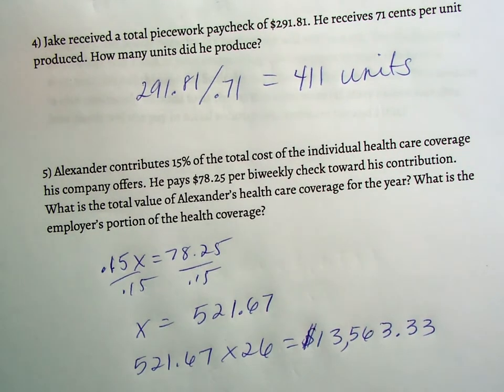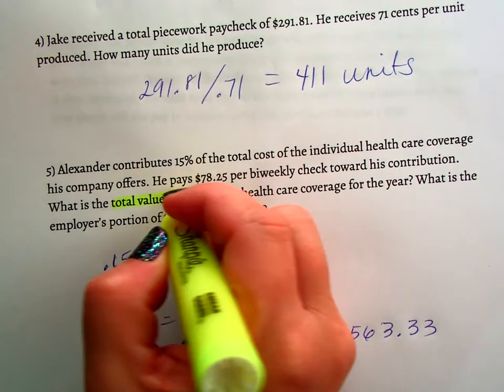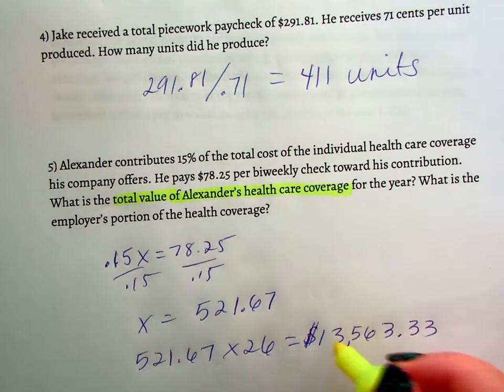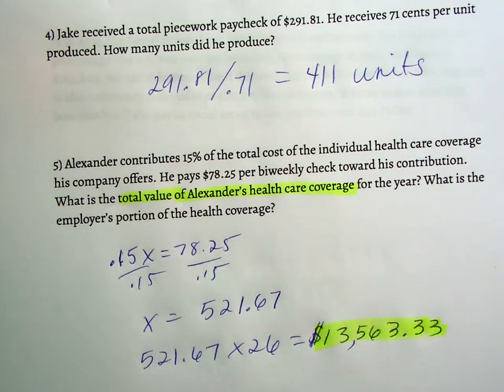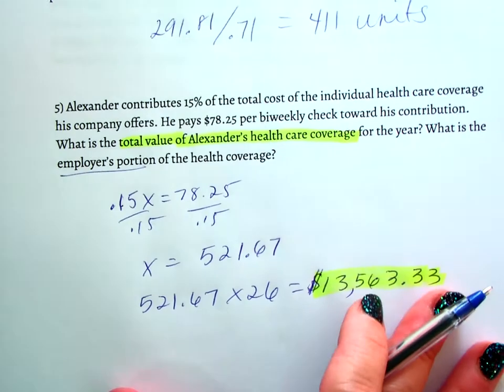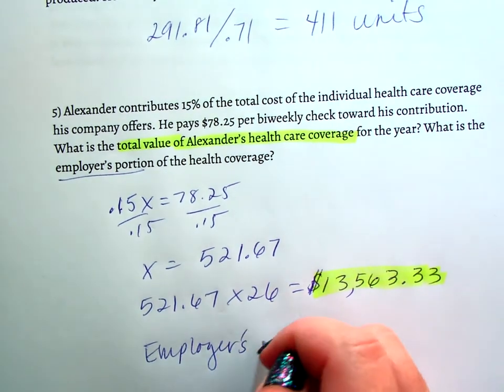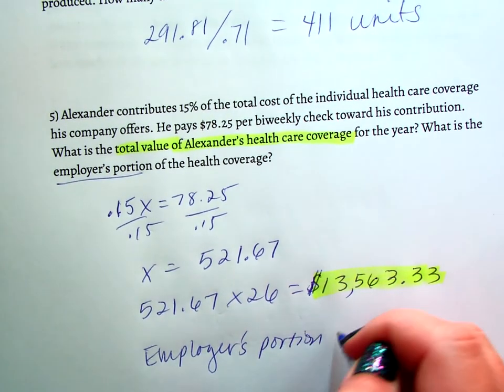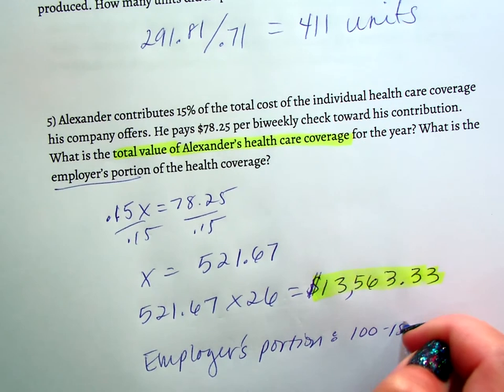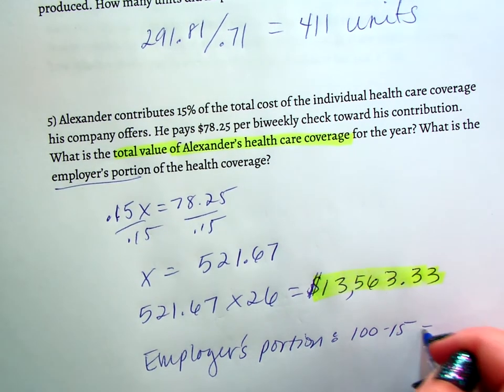So if they just stop by asking what is the total value of the healthcare, we would stop here at this number. But if they go further to say what is the employer's portion, we have to do an extra step. The employer's portion would be subtracting off Alexander's portion.